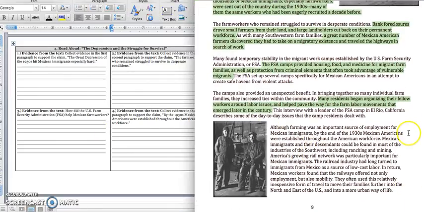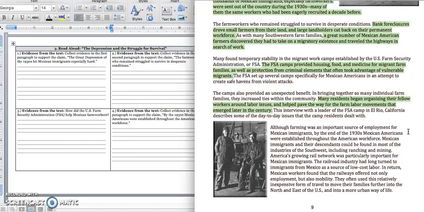Although farming was an important source of employment for Mexican immigrants, by the end of the 1930s, Mexican Americans were established throughout the American workforce. Mexican immigrants and their descendants could be found in most of the industries in the Southwest, including ranching and mining. America's growing rail network was particularly important for Mexican immigrants.